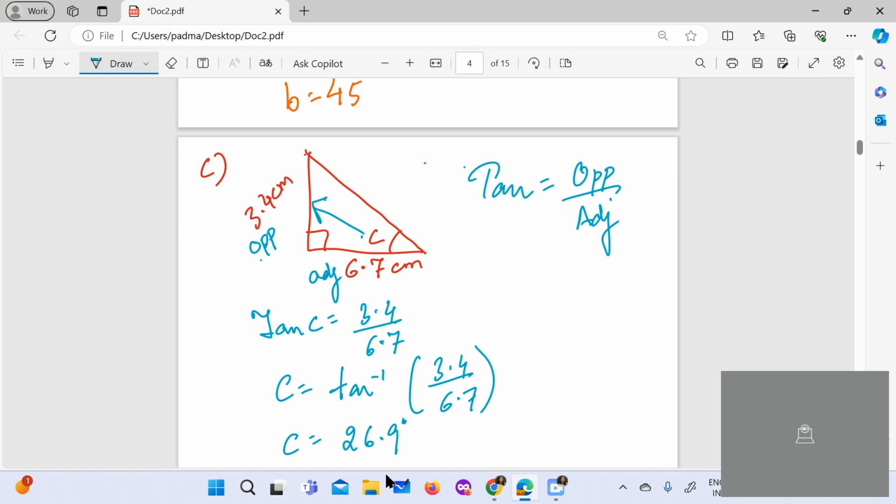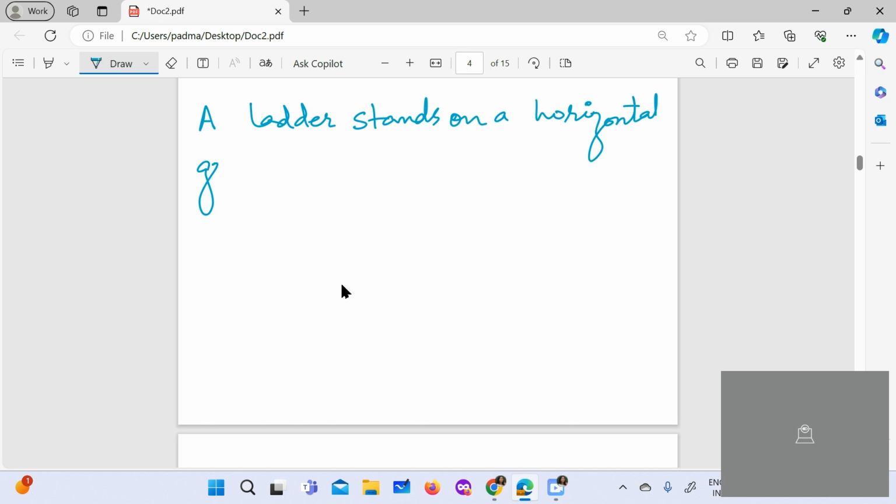Now we take one question from heights and distances. So the question is, a ladder stands on a horizontal ground, leans against a vertical wall.